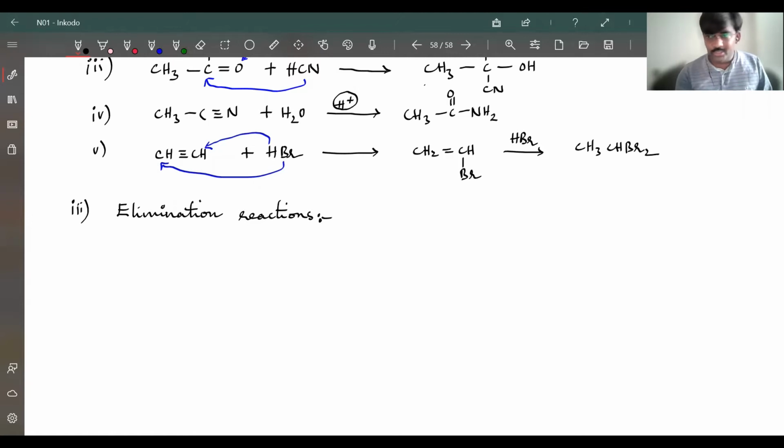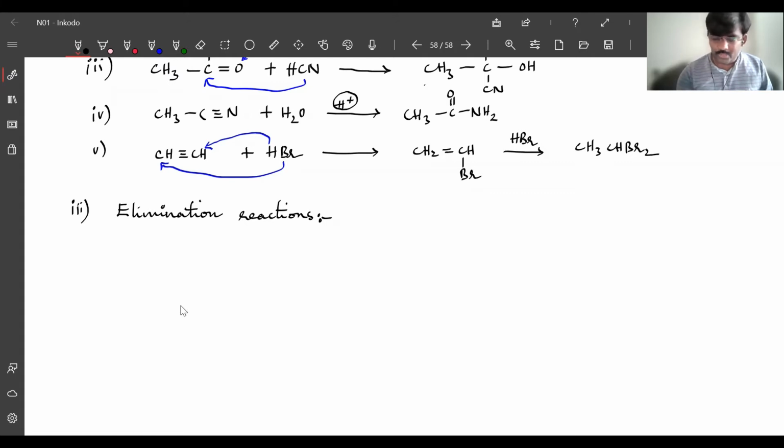So in elimination reactions, generally what will happen? If I have a saturated compound, that saturated compound becomes an unsaturated compound. That means sp3 carbon becomes sp2, and sp2 carbon becomes sp. Generally, the elements will be removed from adjacent atoms, which we call alpha carbon and, after alpha, beta carbon.